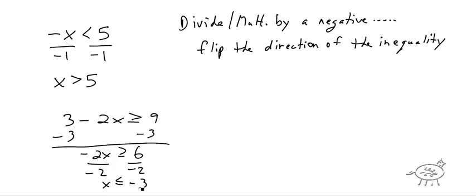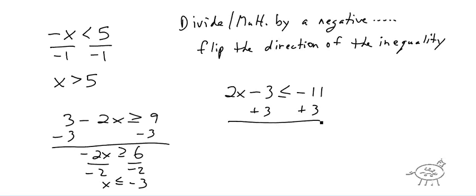Okay, now this is where it's a little tricky sometimes, is you get a problem like this. 2x minus 3 is less than or equal to -11. We add 3 to both sides. We have 2x is less than or equal to -8.